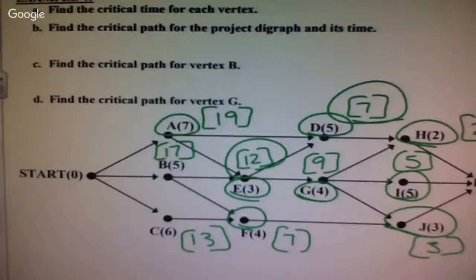So if I had to list the critical path, that goes from start to A to E to G. A is my biggest one, so I want to go to A. I need a total of 19. So A is 7. I want to go to E. E is 3.